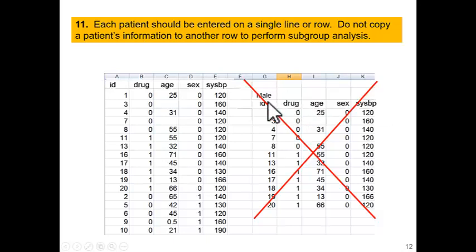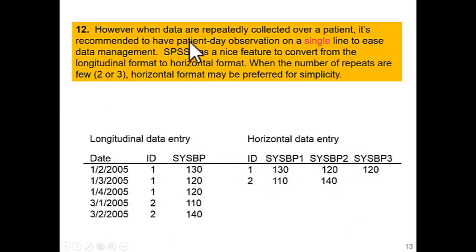and so you cannot really copy and paste a subset of data into a blank space of Excel. However, when data are repeatedly collected over time within a patient, it's recommended to have a patient-day observation on a single line, which might ease data management. So let's look at horizontal data entry.